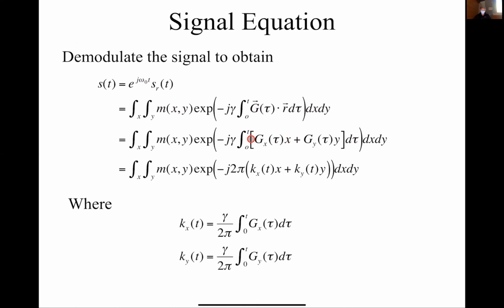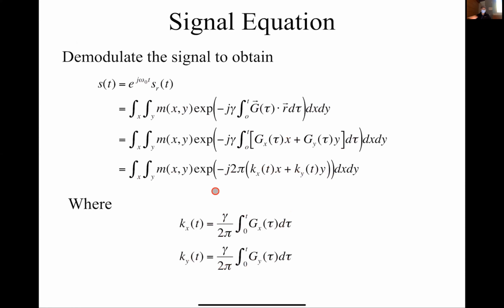And so for each of these, we end up writing this as just equal to the object e to the minus j2 pi kx of t x plus ky of t y, where kx is gamma over 2 pi, the area of my x gradient, and ky of t is equal to gamma over 2 pi, the area of my y gradient. Okay. So this is pretty remarkable.